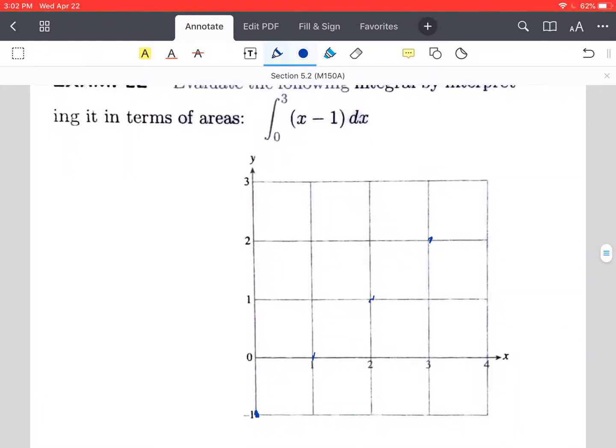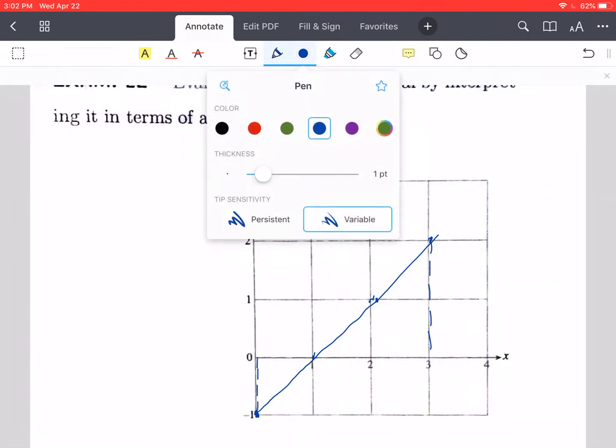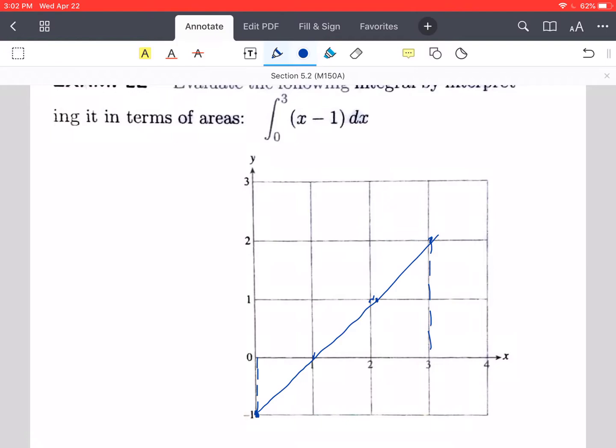So we'll just stop there. Draw the line. Okay, let me thicken that up a little bit. So we have our line.